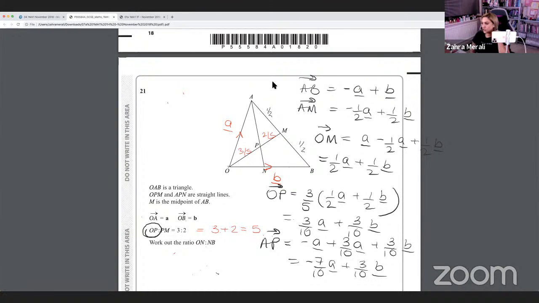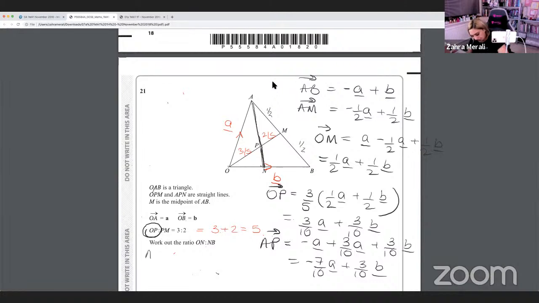Okay, so now if I want to go from A to N, it's going to be some constant of going A to P. Do you agree? So A to N, we don't know how this is split. So going from A to N is some amount of A to P, so it's a bit longer than it.